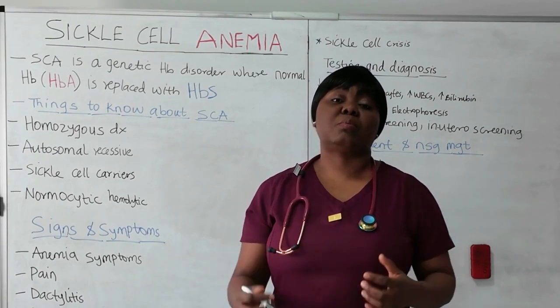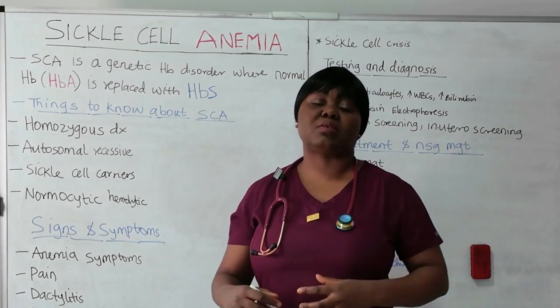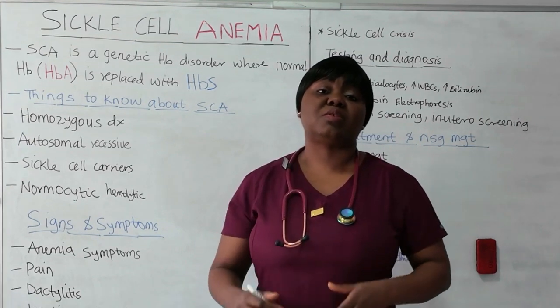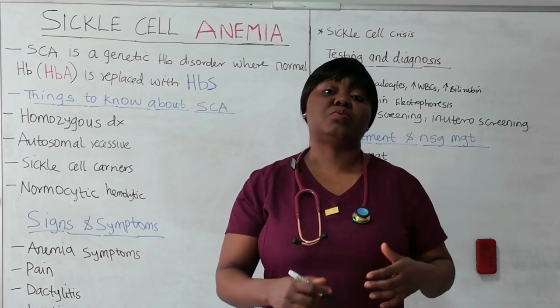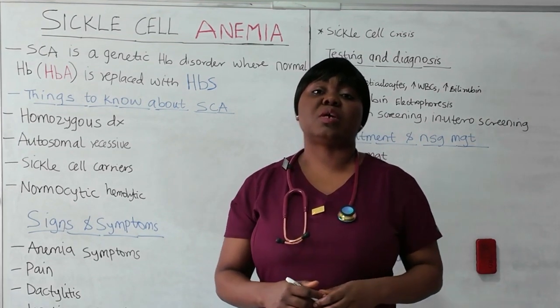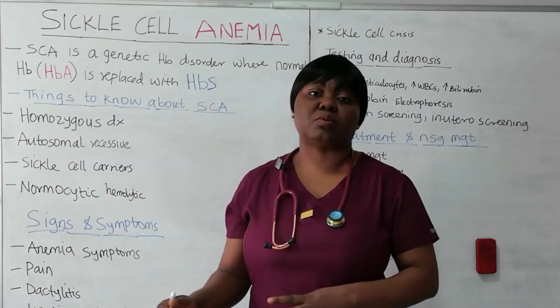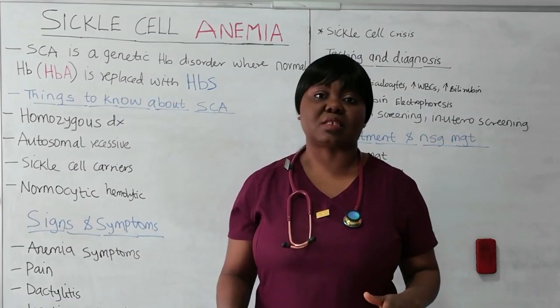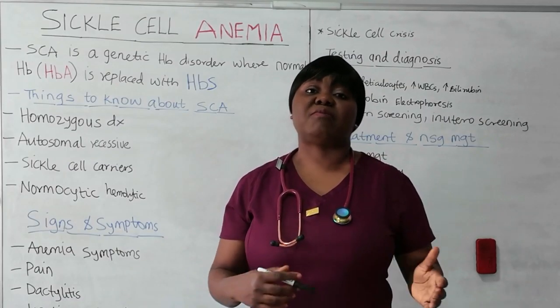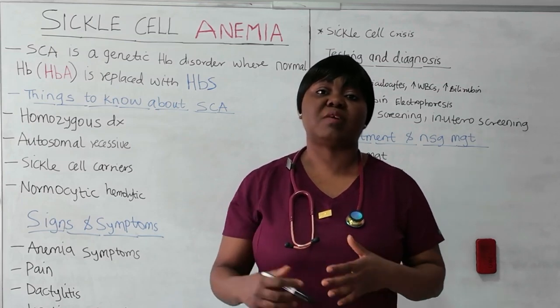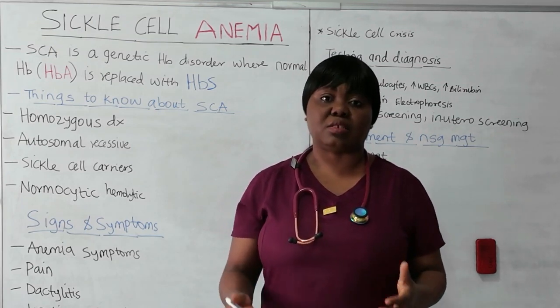Then when you hear autosomal recessive disorder, autosomal is talking about the gene involved being located on one of the 22 pairs of autosomes. We know that we have 22 pairs of autosomes and 1 pair of sex chromosomes. So in other words, it's not sex linked. That means individuals are affected equally in terms of sex, both male and female. It's not a sex linked disease.